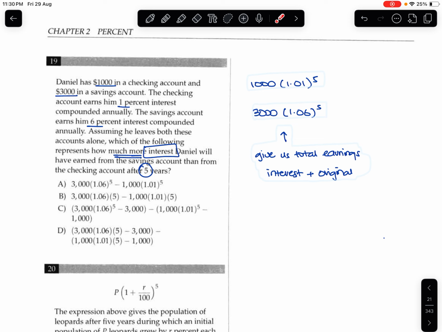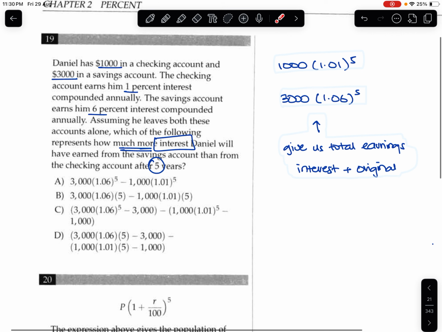But the question is asking only about interest. So for interest, we're given the total earnings and we have the original amounts. So we have interest plus original, the answers to these. So for that, we would have to subtract the originals from these expressions.